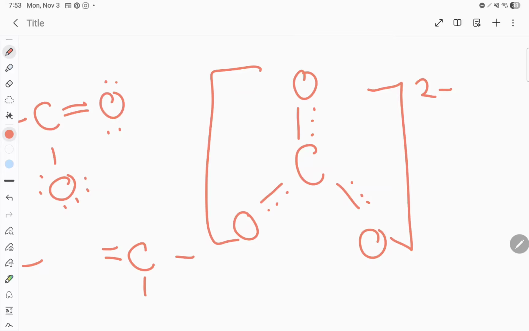Now, there are molecules that have resonance, and I'd prefer if we memorize them, because who's actually free to work them out in the exam?